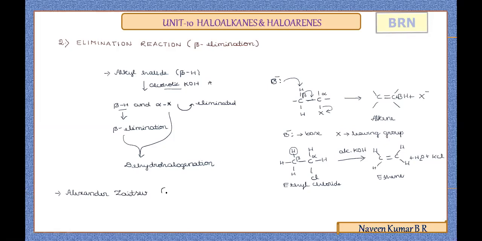The scientist's name is also represented as Zaitsev, so we call it the Zaitsev rule. He explained how beta elimination leading to two different alkenes and which will be obtained as the major product in the process.